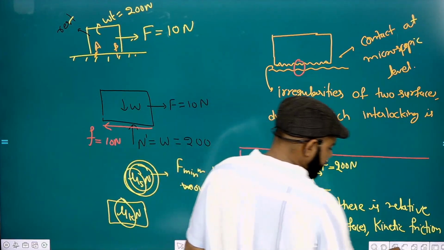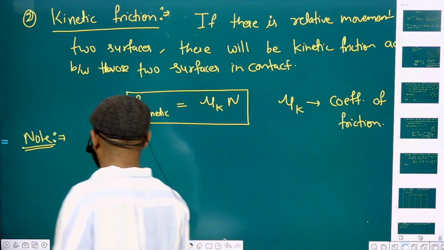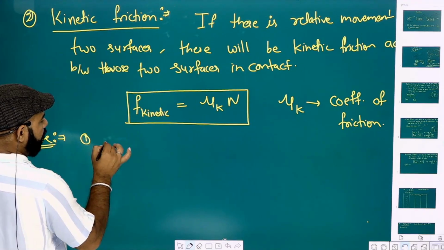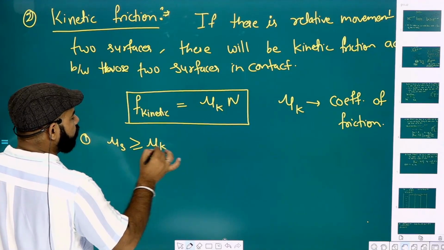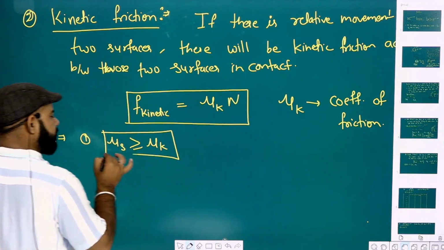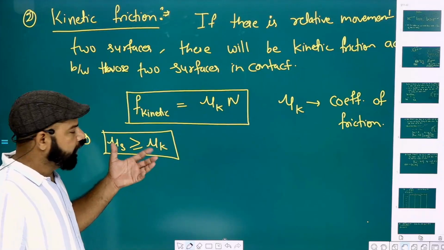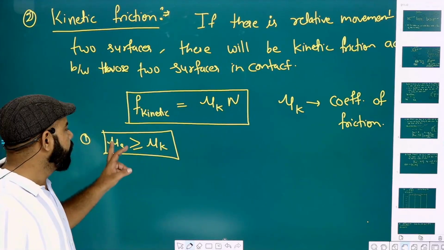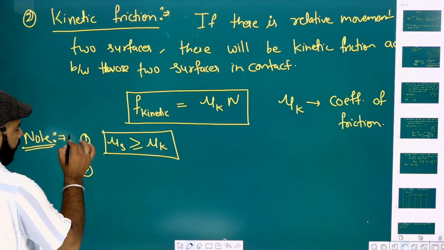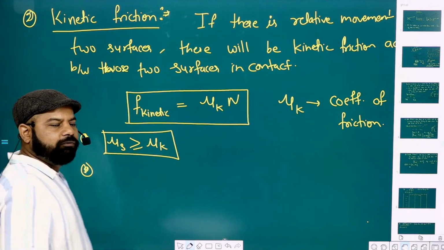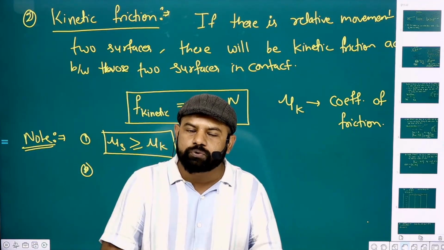So can we write it down? First, the value of mu s is always greater than or equal to mu k. In some cases, we can assume both as equal, right? But mostly the value of mu s is higher than the value of mu k. Another point is mu s and mu k will depend on the nature of surface, or we can say interlocking between those two surfaces.